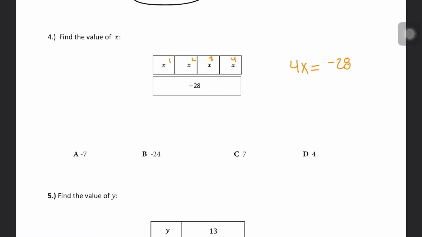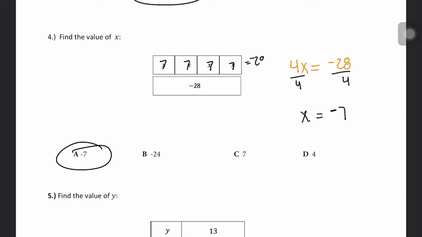To find the value of 1x, well, you have to divide by 4. And that should give you negative 7. And you can check by plugging in negative 7 for every x. Negative 7, negative 7, negative 7, negative 7. And that does give you negative 28. Make sure your negative is also included.